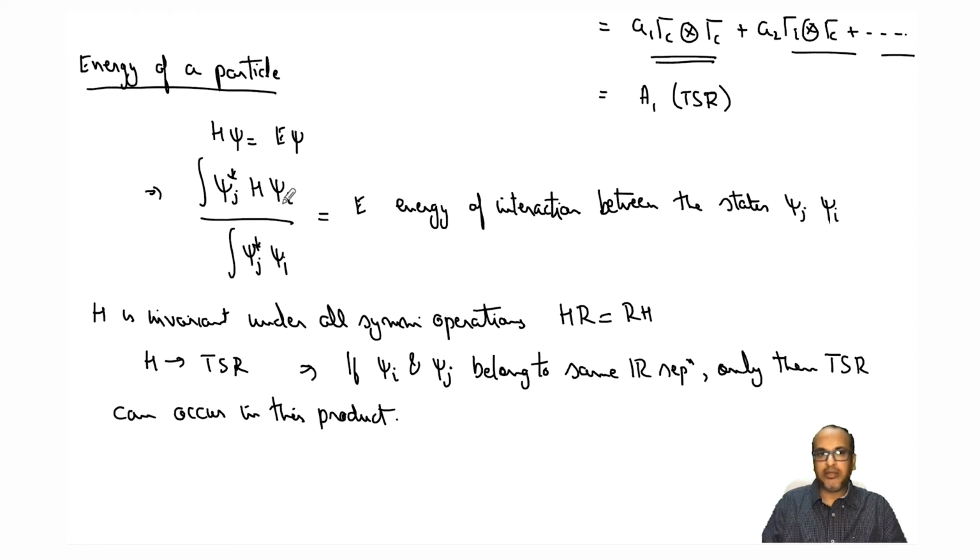That means there would be finite energy. Otherwise, the integration will be equal to 0 if these two form the basis of two different IR representations. And then we can say that the energy of interaction between the two states is 0, right? So if the numerator goes to 0, the whole thing goes to 0. All right.